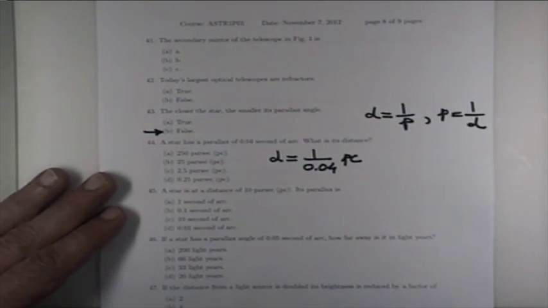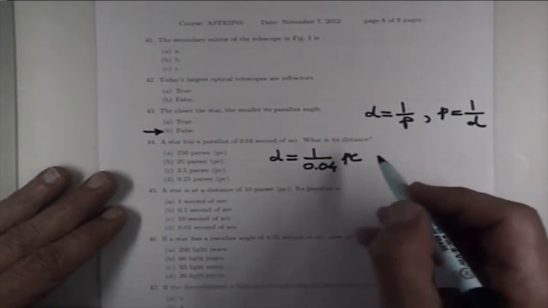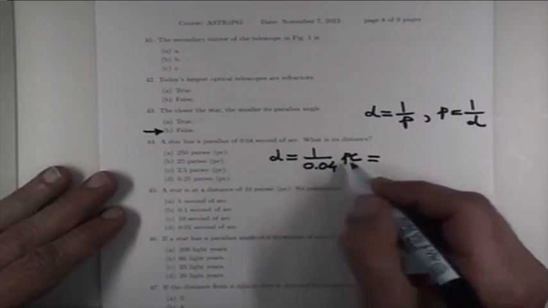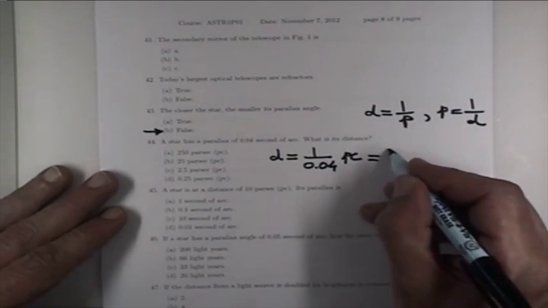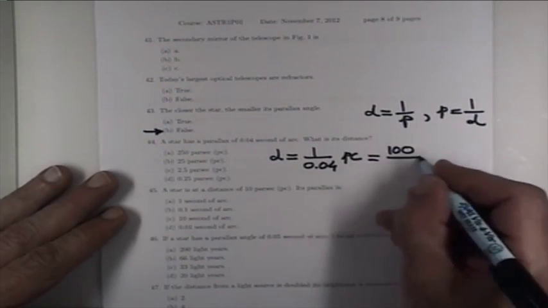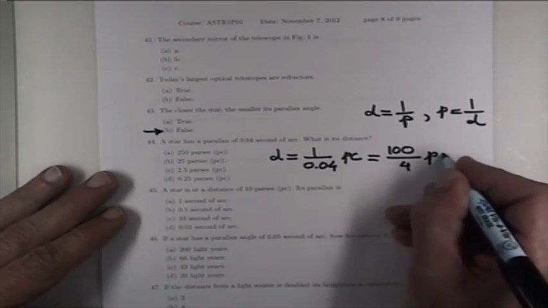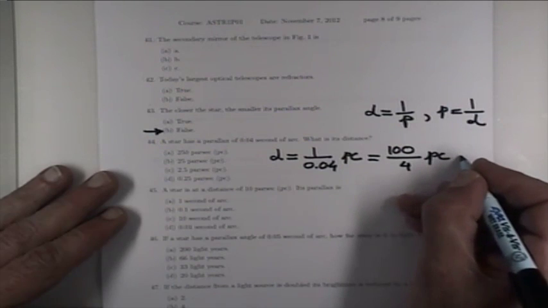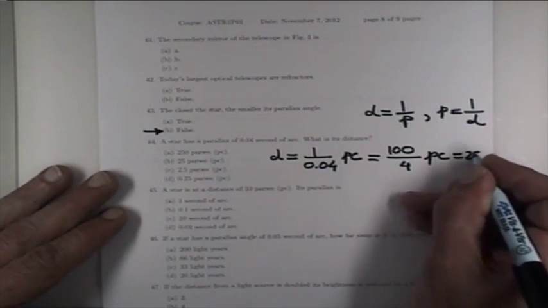And you can do that in your head. One way to do this is if I multiply the numerator and denominator by 100, this is the same thing as 100 over 4 parsecs, right? And when I divide 100 by 4, I'll get 25.